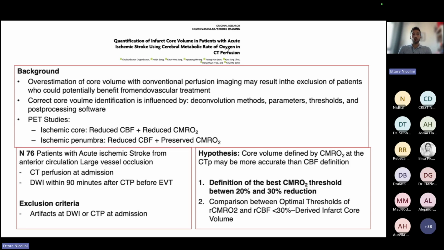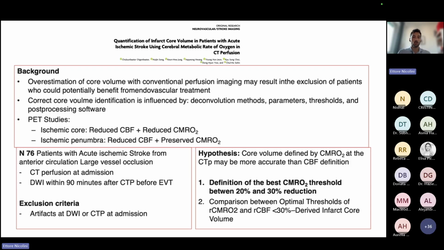The study is focusing on the over and underestimation of core that we've talked about in CT perfusion. Of course, the hypothesis is always based on what we know from PET studies.